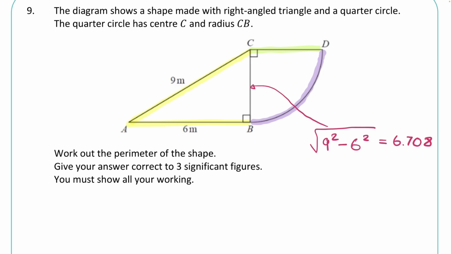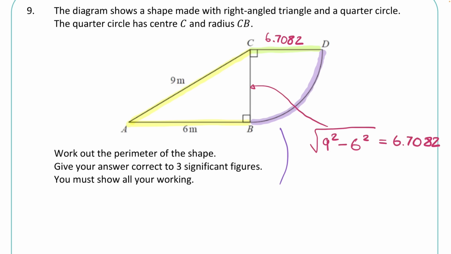Now it says to give my answer to 3 significant figures, so I do want to leave my working out to more than 3 significant figures, ideally as accurate as possible. I'm going to put another 2 in there, and that keeps it to 5 significant figures. That's just going to avoid me having to write down tons of numbers, but I'm going to try and keep the numbers in my calculator as much as I can. So that is up here, 6.7082, and we only have one line left to find.